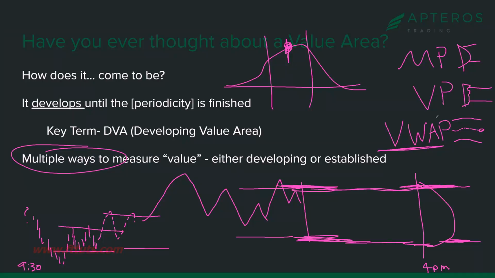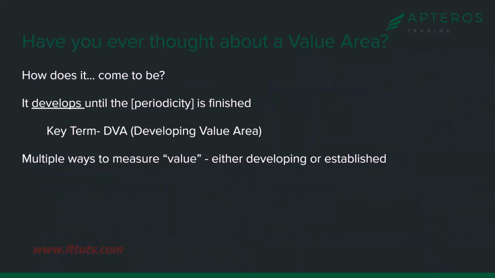So VWAP is the same concept as a market profile point of control or a volume profile VPOC. And then using standard deviations or variance from that mean is how we will identify the value area.